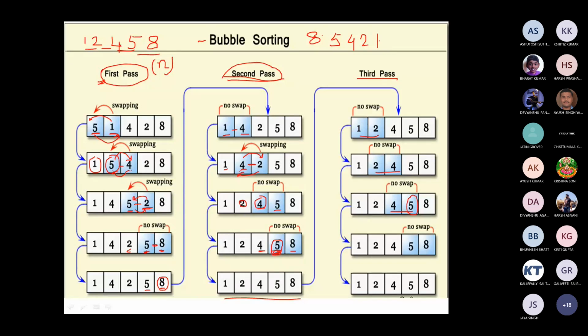After the second pass, 5 will come to its position. After the third pass, 4 will come to its position. Like that, it will take maximum time. In the best case we need only one pass, but in the worst case we need n passes. So n into n, that means it will take n square.